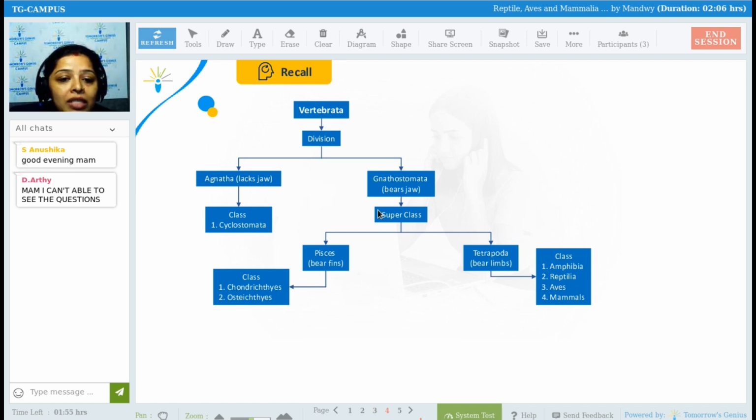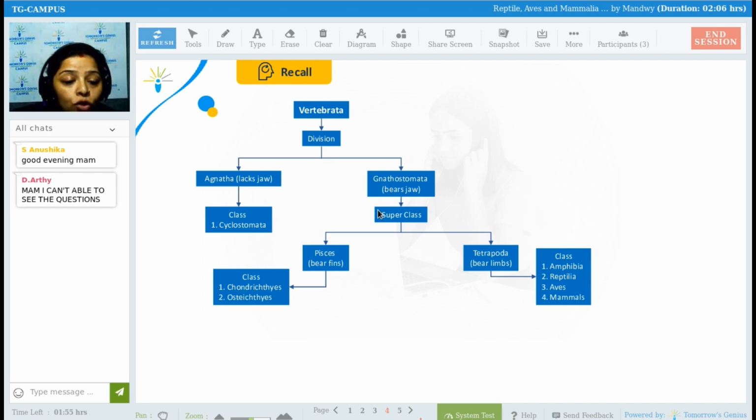In the previous class, we discussed the classification of Vertebrata. Vertebrata are classified into two major sections, Agnatha and Gnathostomata, on the basis of the presence or absence of jaw. Agnatha is further divided into two classes, Cyclostomata and Ostracodermi.